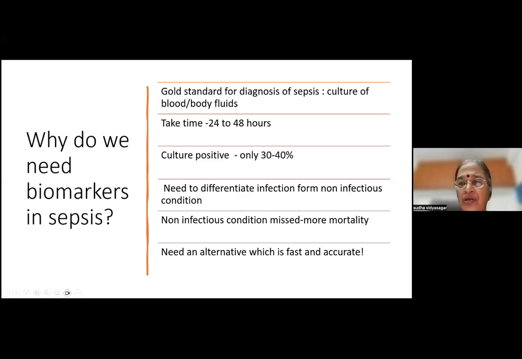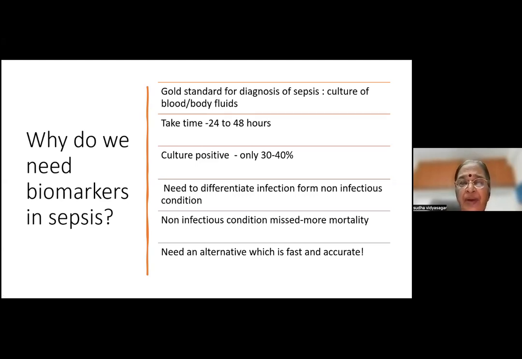Plus, we all know that sepsis is a syndrome, and many times you have a problem differentiating an infection from a non-infectious condition. For example, if you have a pancreatitis, you have other conditions which are causing sepsis-like syndromes, then we need to know whether it's an infection or not to start the right therapy. And a non-infectious condition, if missed, can cause more mortality.